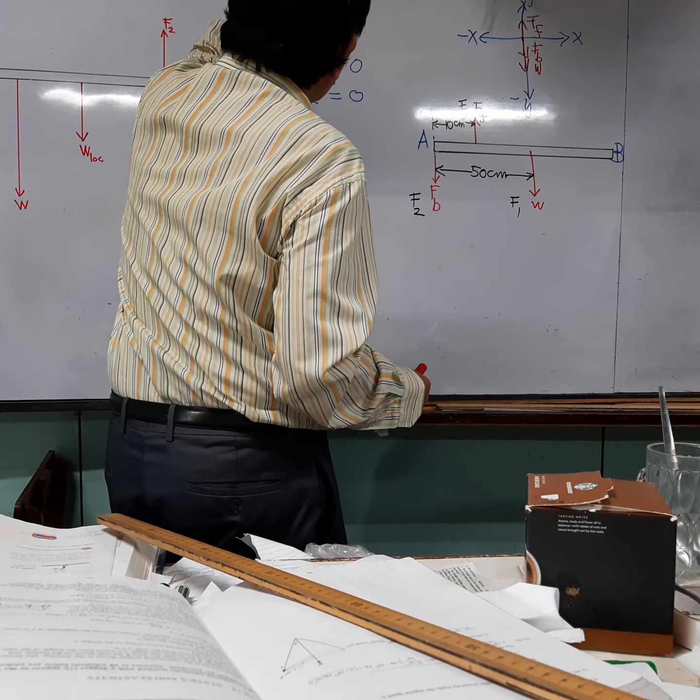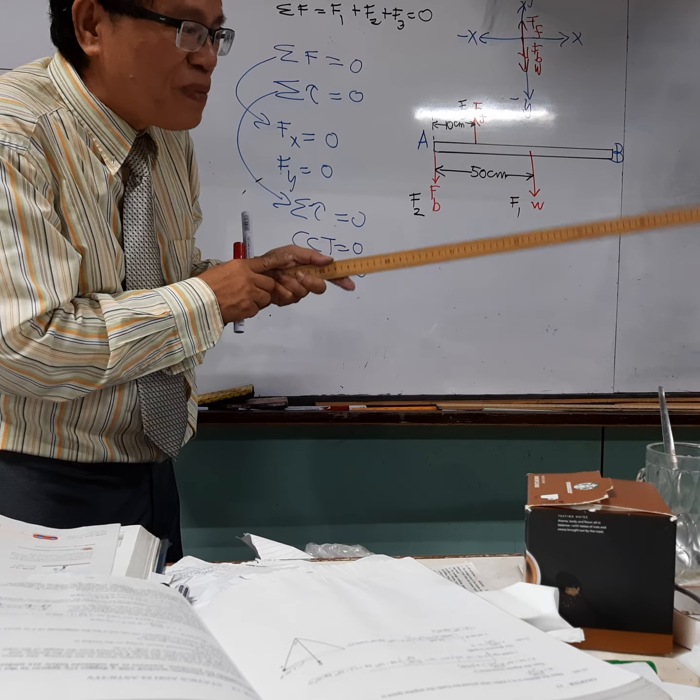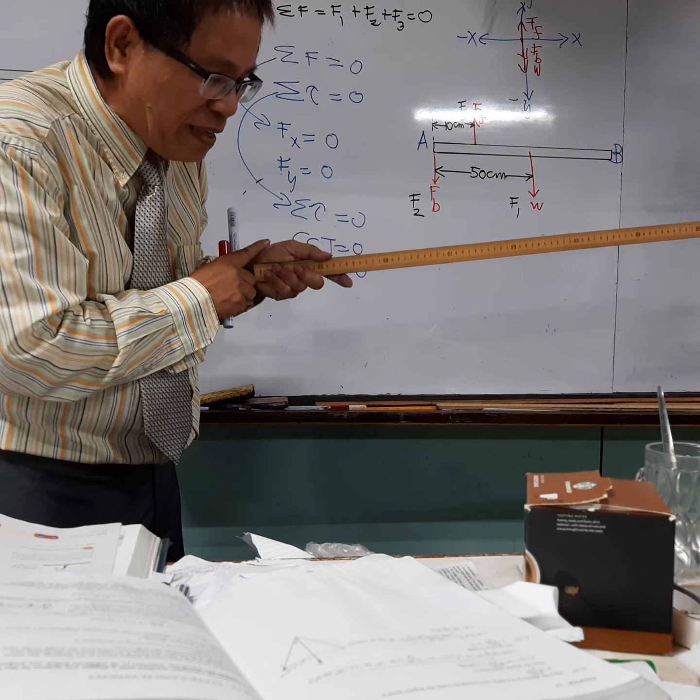Why 0? Equilibrium. Steady, do not move up, do not move down. No motion, stationary, no motion of the meter stick. So equilibrium equals 0.